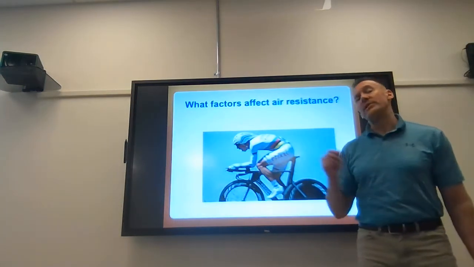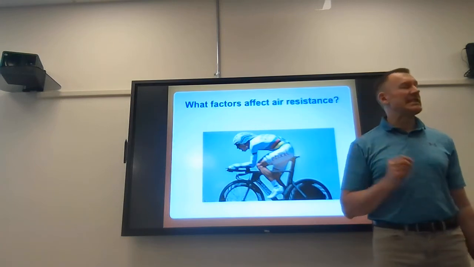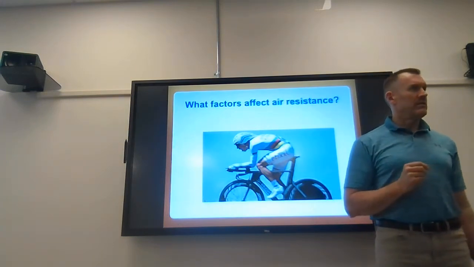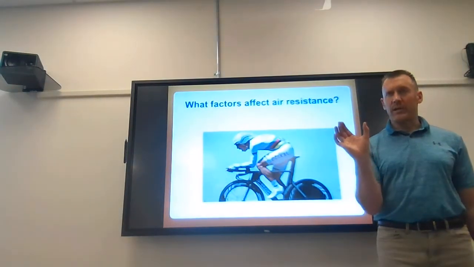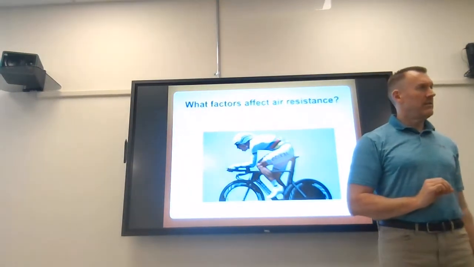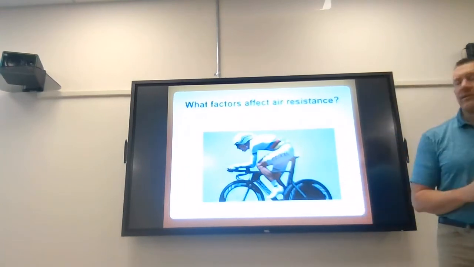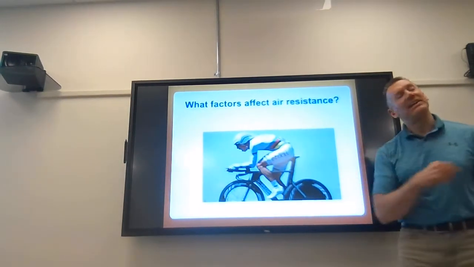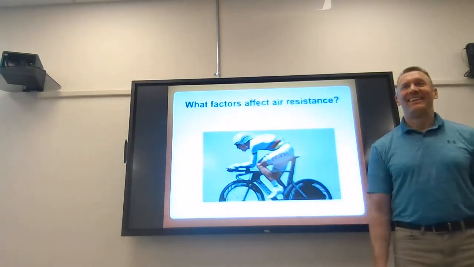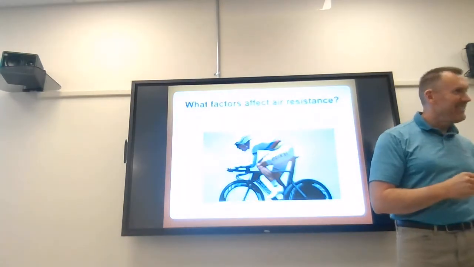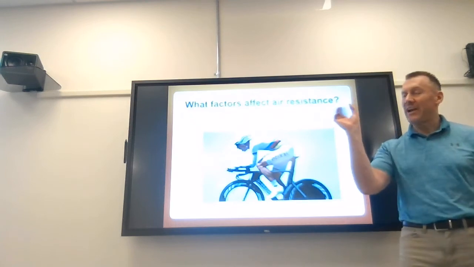The other type of resistance we get is from the surface itself. So in addition to form drag, we have what we call surface drag. What are some things you notice about cyclists, especially their legs, that they do to reduce surface drag? Shave their legs, right? Because that hair can hold on to air molecules.